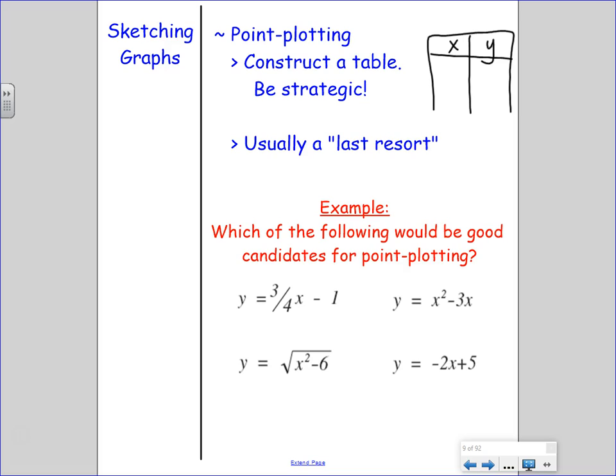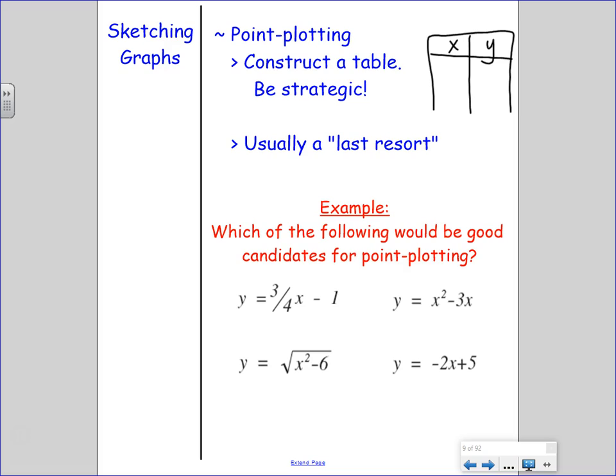But my question to you is, and it might be different depending on who you are, how much of graphing and of function behavior you remember. But what do you think, out of the 4 options down below, what do you think would be a good candidate for point plotting, aka for making a table?